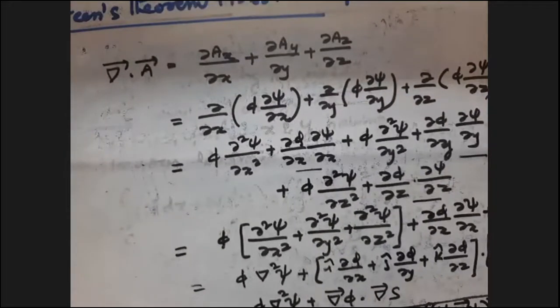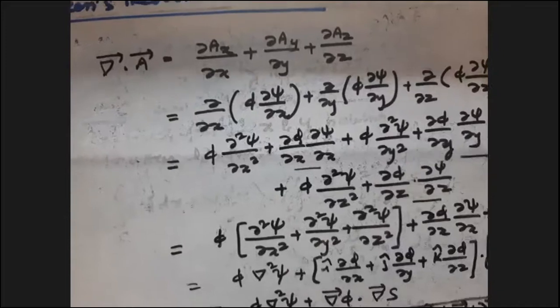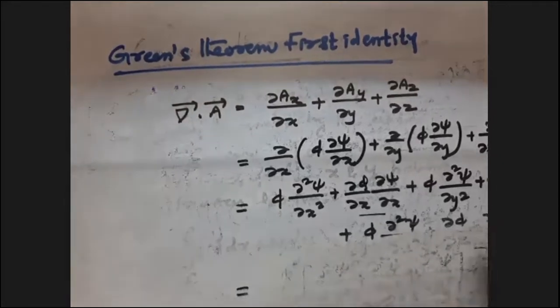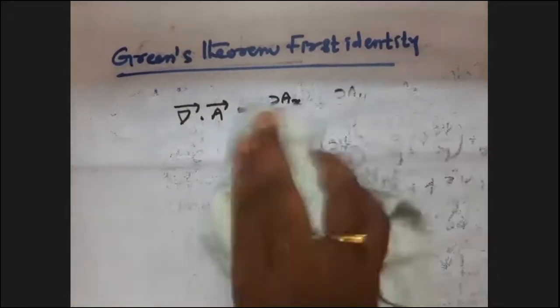Okay. Now let us see Green's second theorem. So whatever we got in Green's first theorem, then simply you interchange phi and psi in that expression. Simply you interchange phi and psi. Okay. So what is Green's first theorem expression?